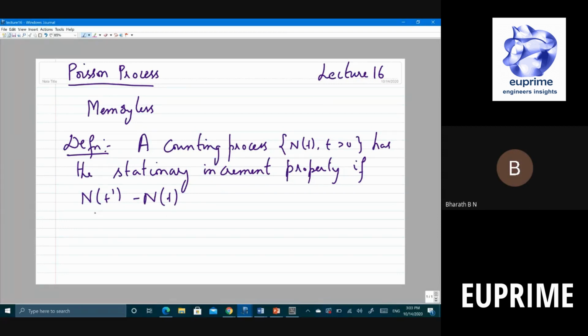N(t') says there are N(t') arrivals in the time interval 0 to t'. N(t) says the same thing. The difference has the same CDF as N(t' minus t), for every t' greater than t greater than 0.